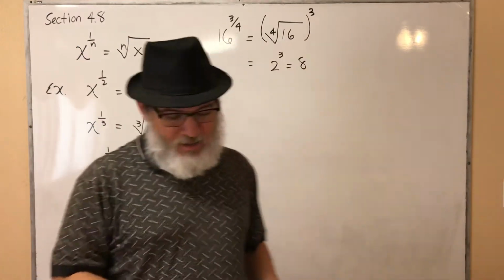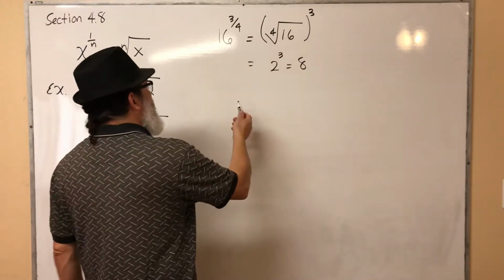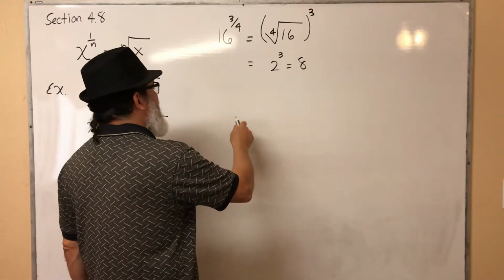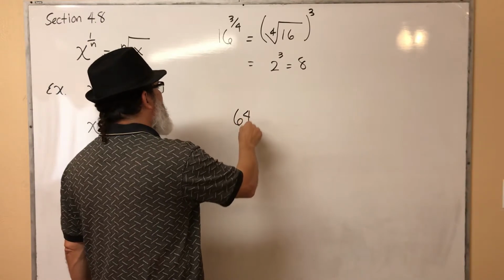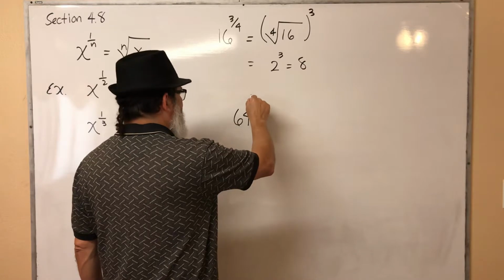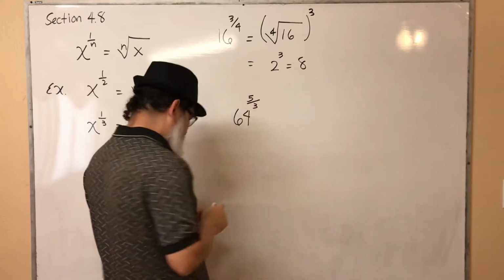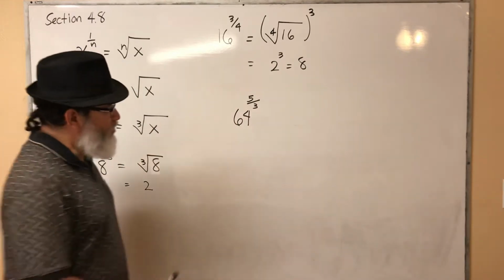Shall we do it again? Here's another one. Let's say 64 to the 5/3. You see this denominator?